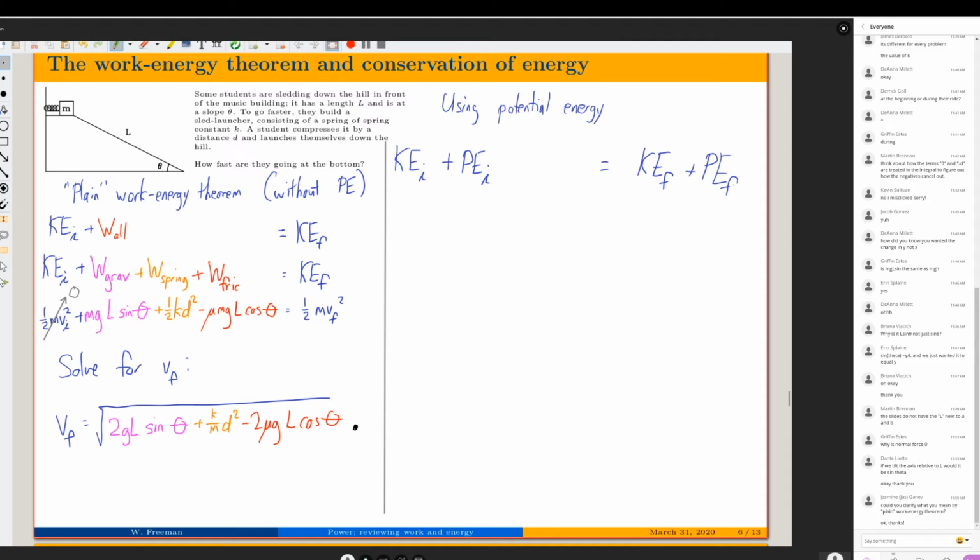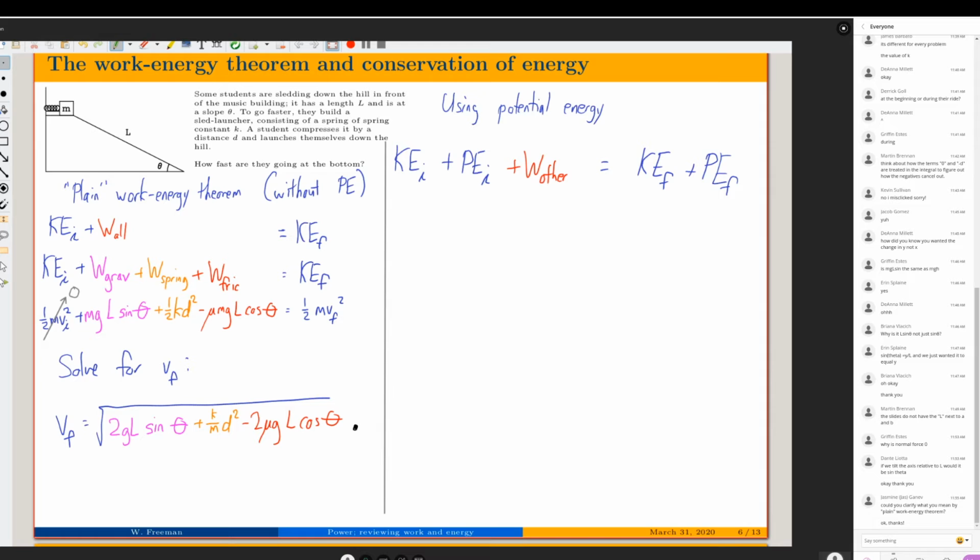But I can only do that for conservative forces. Forces that are not conservative, I still have to calculate the work that they do in the same way that I have been doing.